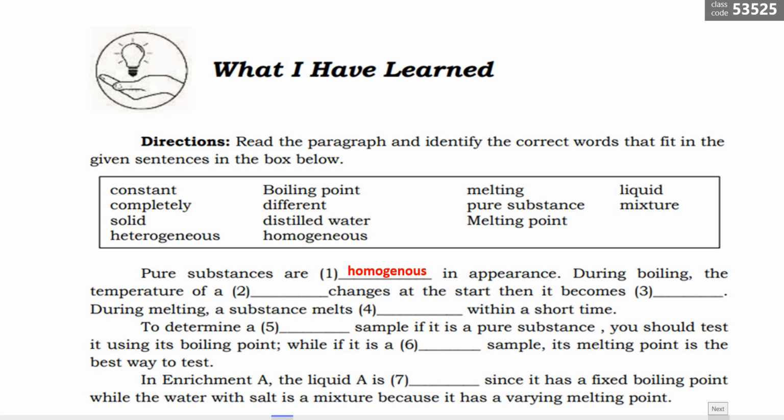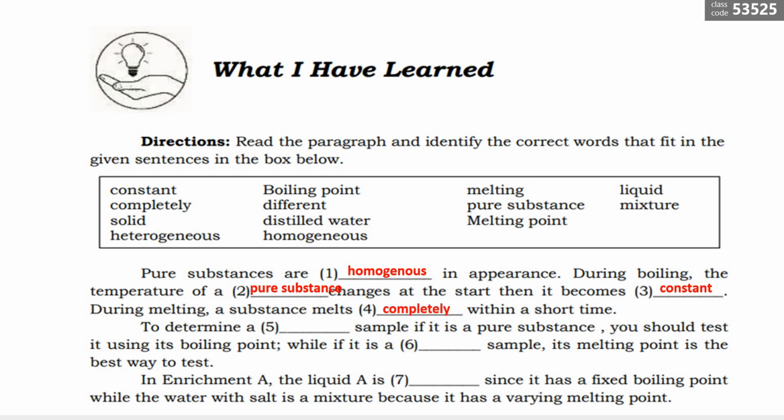During boiling, the temperature of a pure substance changes at the start, then it becomes constant. That's correct. During melting, a substance melts completely within a short time.